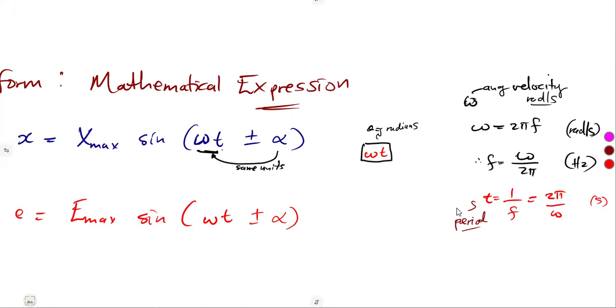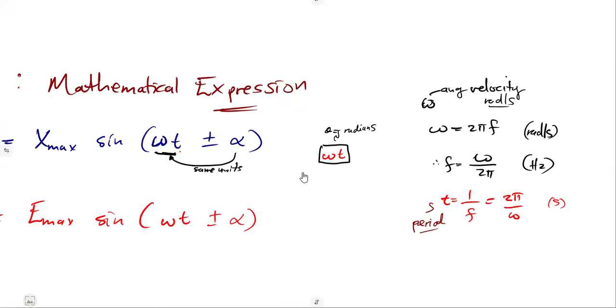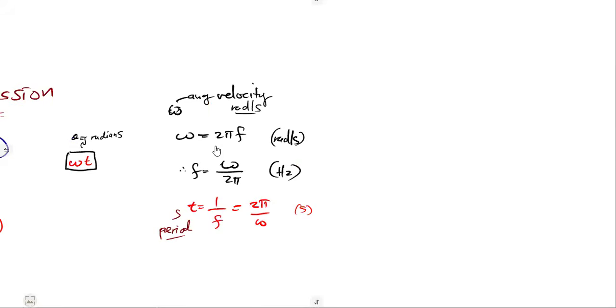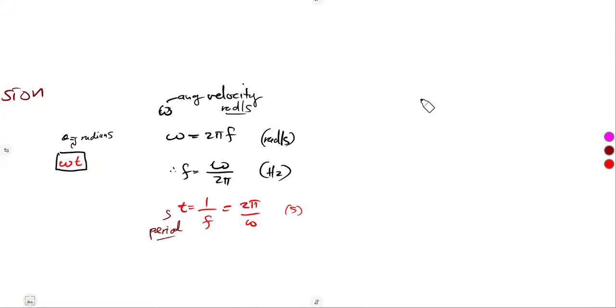Since we talked about radians and degrees, remember from your N2, N3, that we can have the complete cycle, 2 pi being 360 degrees. So this is in radians and this is in degrees.